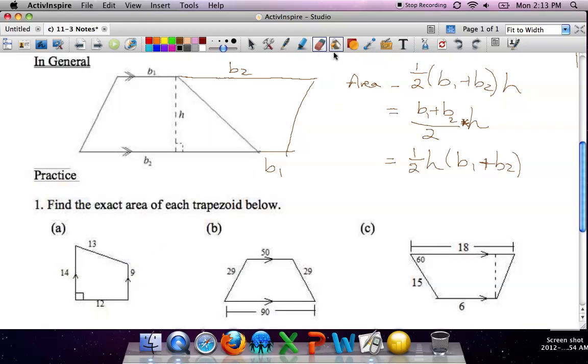So the area of this one would simply be 1/2 times the height, which is 12, times B1 plus B2, which is 9 plus 14. And if you do that out, you should get 138 square units.